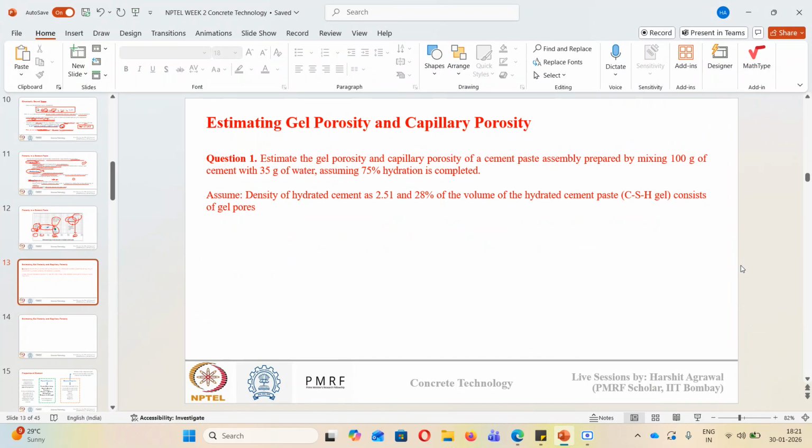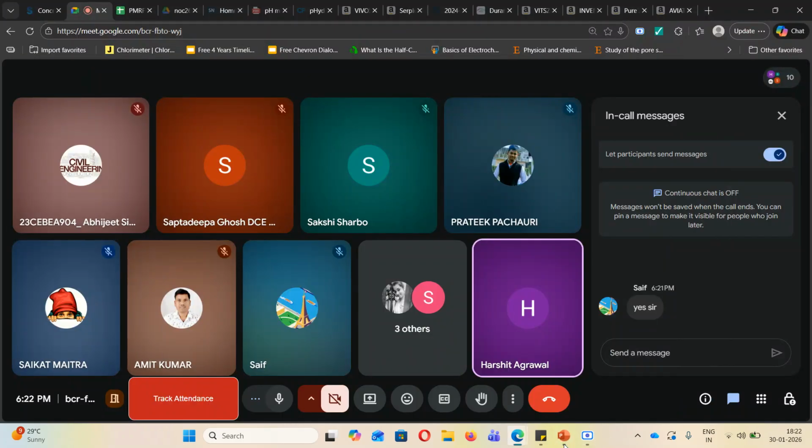Can anyone tell me how you will approach this question? What will be the steps? Anyone has any idea?